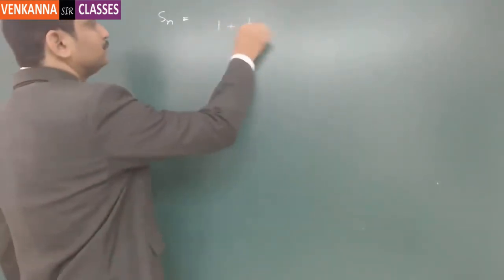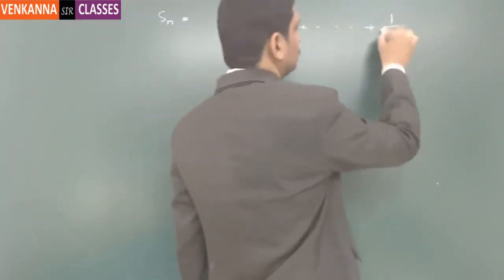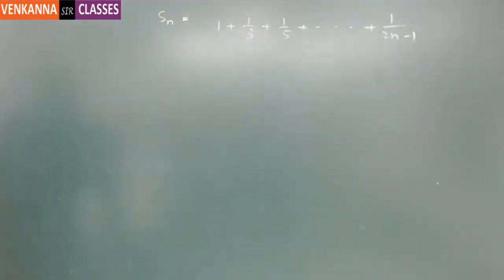You take the sequence as 1 plus 1 by 3 plus 1 by 5 plus so on plus 1 by 2n minus 1. So here I am taking the sum of the odd numbers, right?